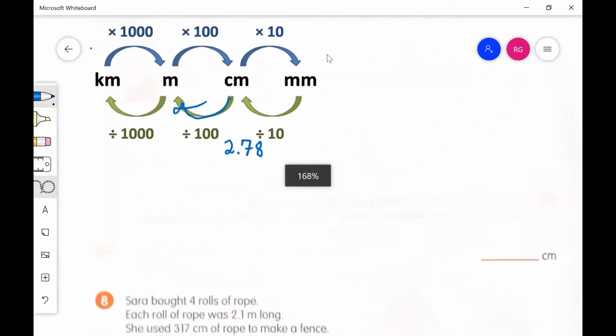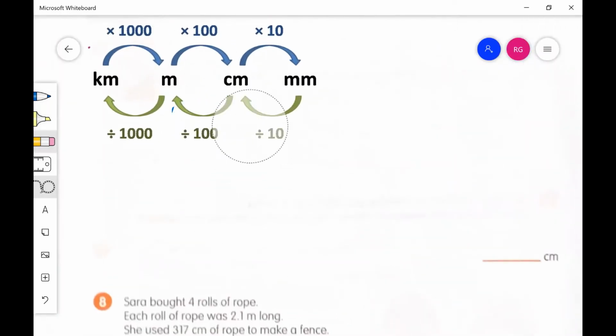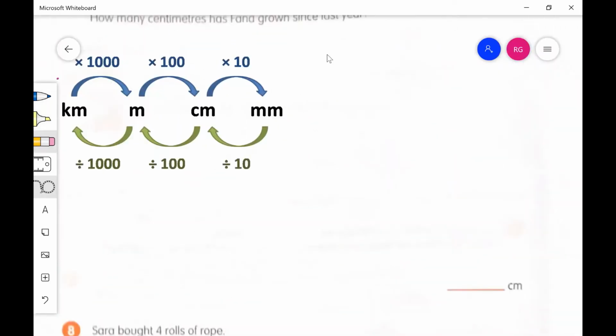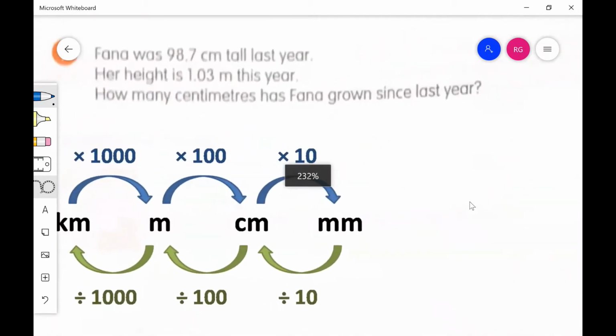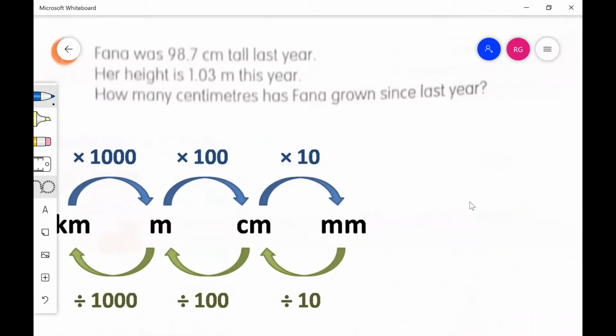And that's going to help me figure out what to do to go from centimeters to meters. Okay. And what units do they want us to put for our answer? Yes. So we need to say how many centimeters. So which height do I need to change?